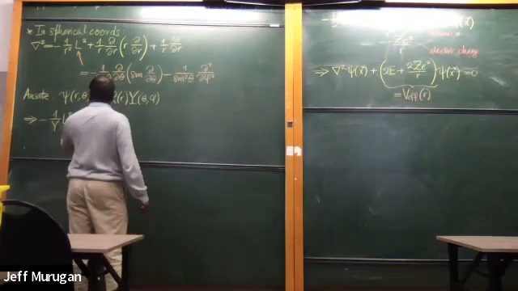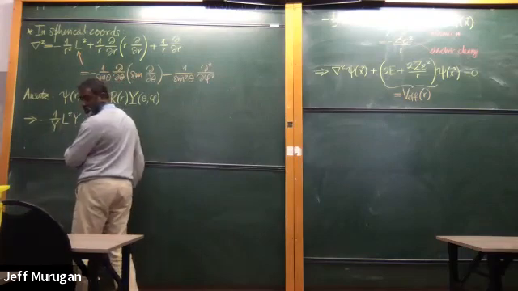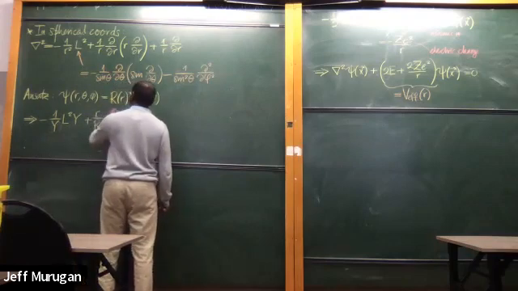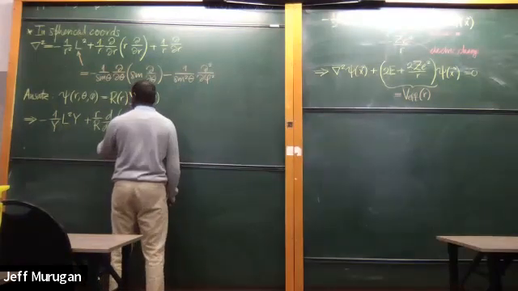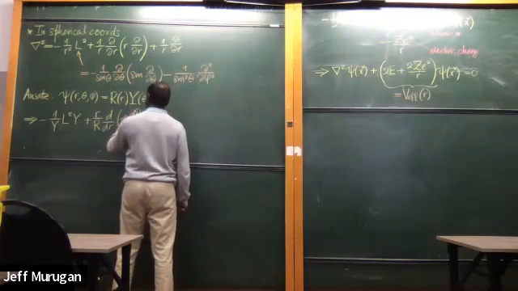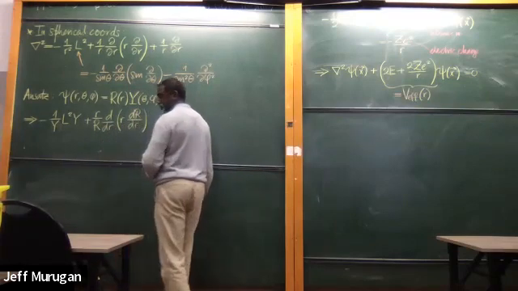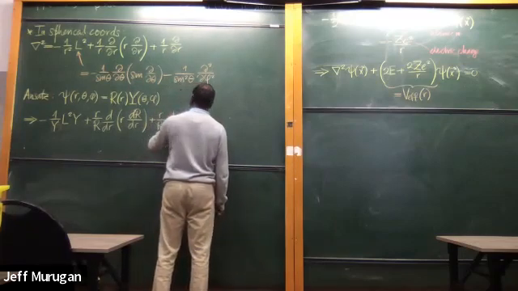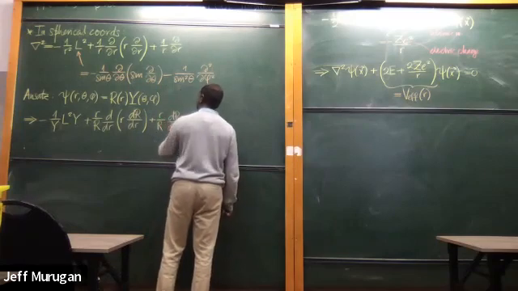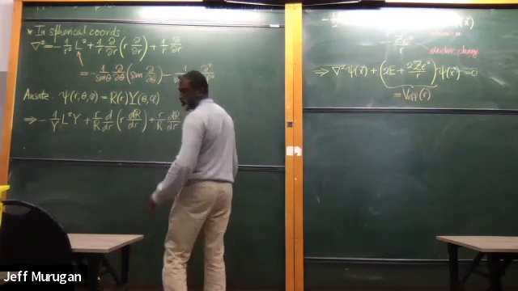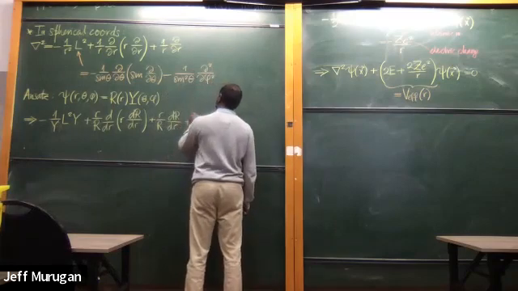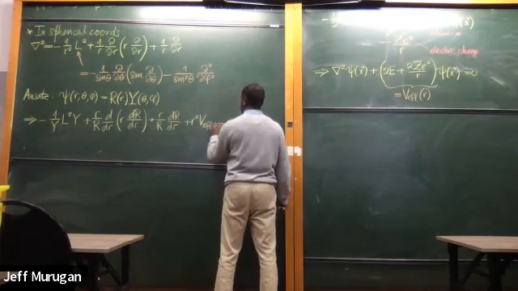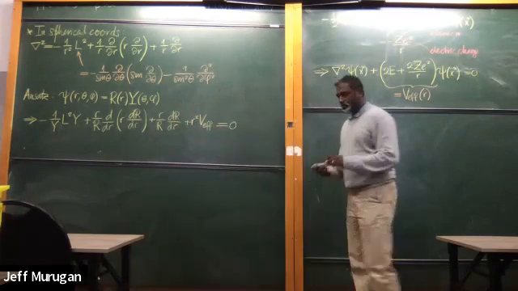plus r over capital R d by dr of r d capital R by dr, plus r squared times this effective potential. All of this is equal to 0.